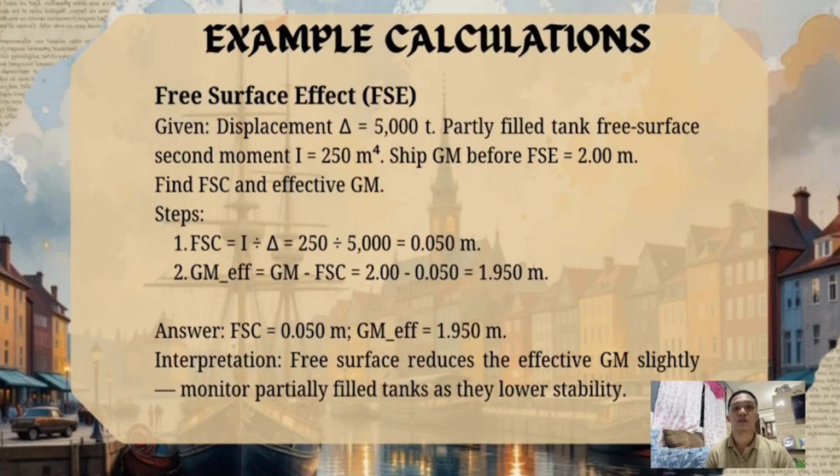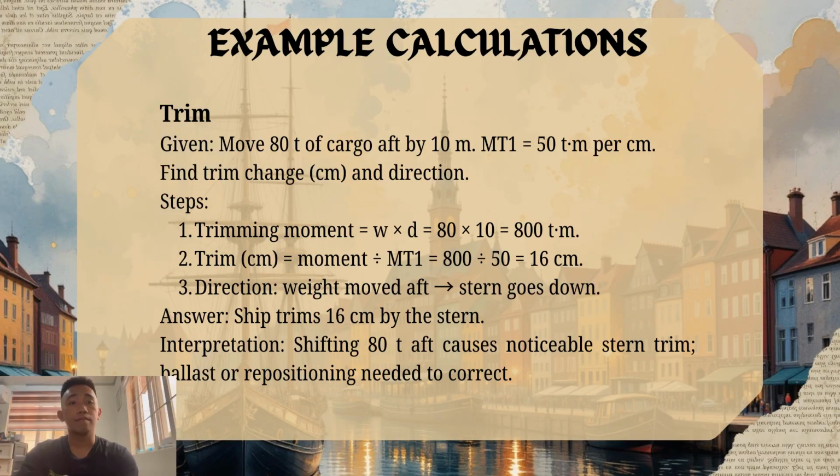The second step is GM minus FSC: 2.0 minus 0.50 is equal to 1.50 meters. So the answer is FSC is equal to 0.50 meters, then the GM is 1.50 meters. So the interpretation: free surface reduces the effective GM. Monitor partially filled tanks as they lower the stability.